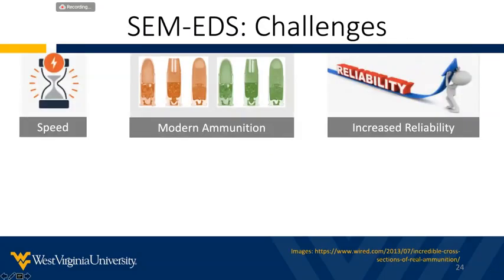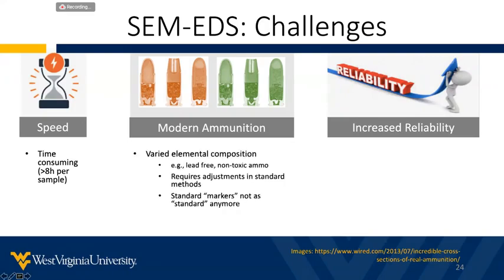In spite of its scientific validity, SEM-EDS has several challenges. First, the method is time-consuming, usually taking over 8 hours per sample. Second, the introduction of modern ammunitions brings some challenges for the method.